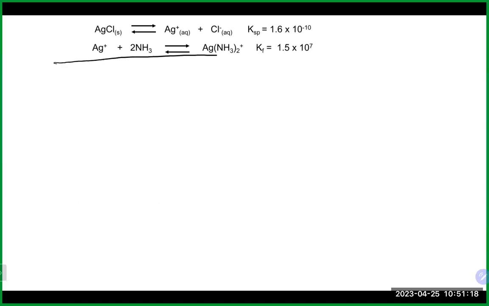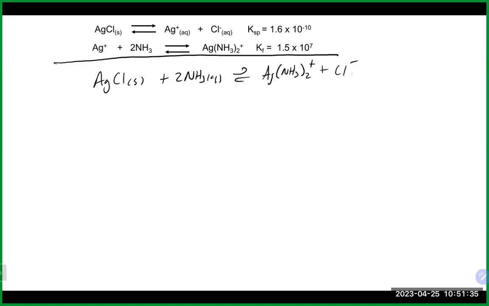Adding these together gives us our silver chloride plus 2 NH3, and our complex ion here, and our chloride. And again, our K was 2.4 times 10 to the minus 3.